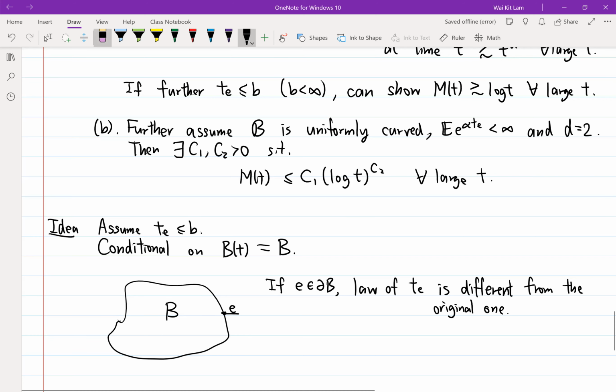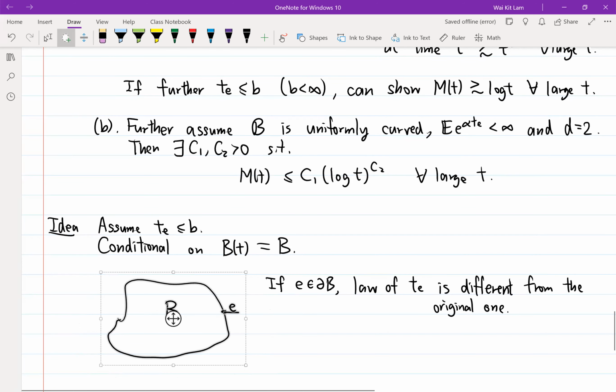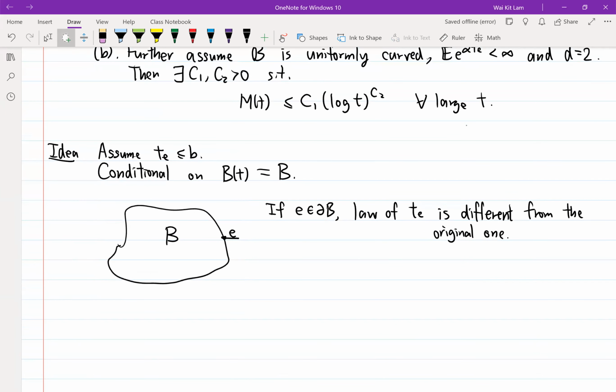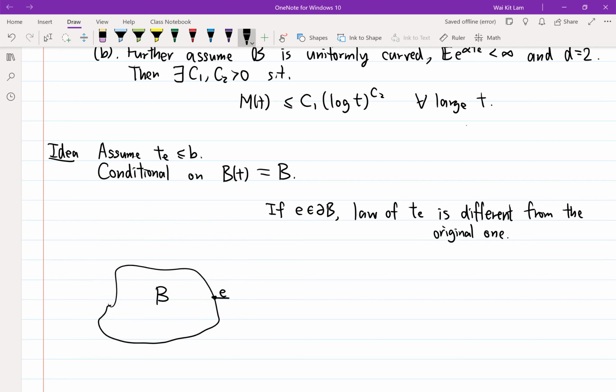But the idea is, I think I should mention the idea first before talking about this edge here. The idea is to try to create a local configuration here so that there's something that looks like this. So let me draw a picture like this. You can create some local configuration like this. And the one in green, this is some path or some circuit here. And all these green lines here are of low weights.